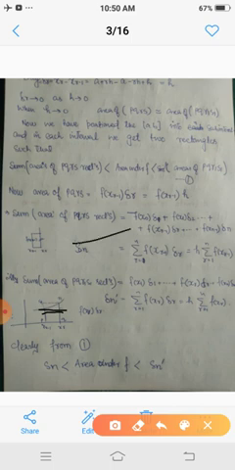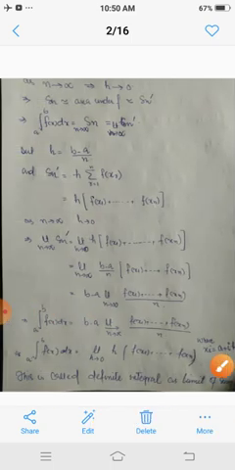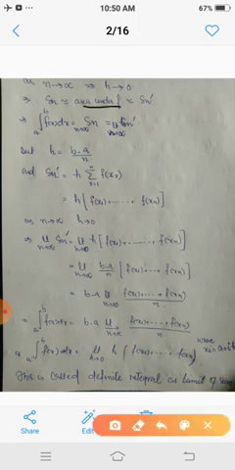So this means that Sn approaches the area under f, and Sn dash also approaches the area under f.